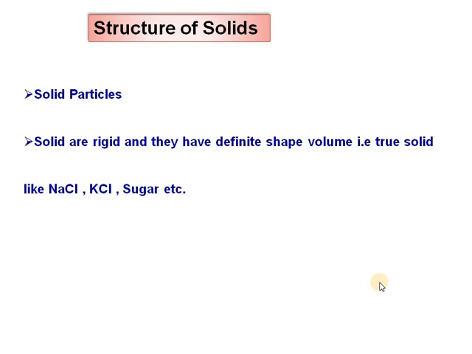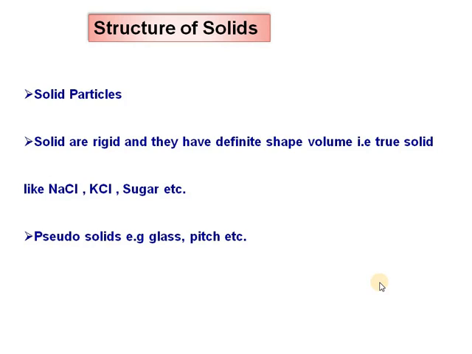Such solids are called true solids. For example, NaCl, KCl, sugar, or copper. These are called true solids.